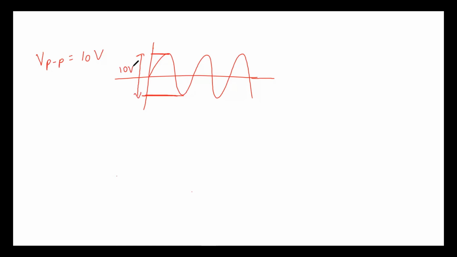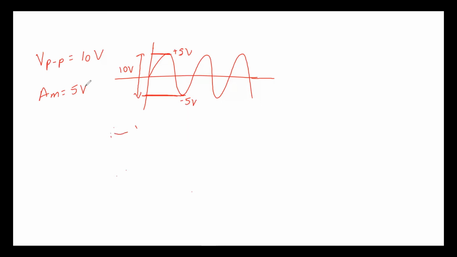It means that this is plus 5 volt and this part is minus 5 volt. So in the question, voltage peak to peak is given as 10 volt, and from that we can calculate that Am is equal to 5 volt.